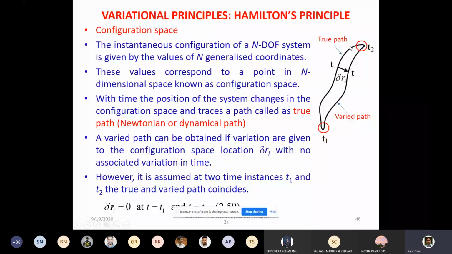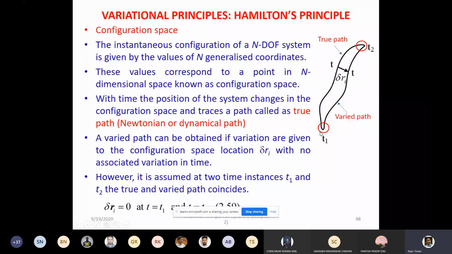At a particular time t, it contains n generalized coordinates, and the generalized coordinates are changing with time. This is a hypothetical path in n-dimensional space or configuration space. This is called the true path, the actual path.